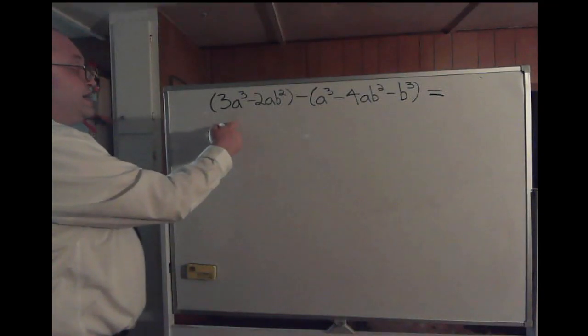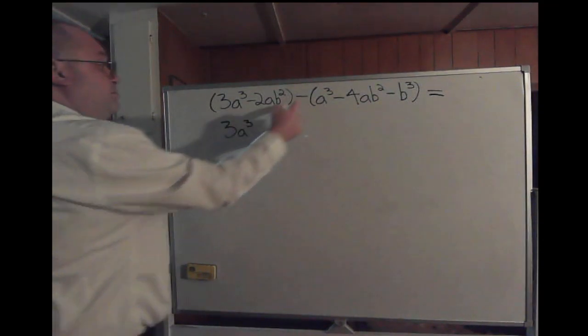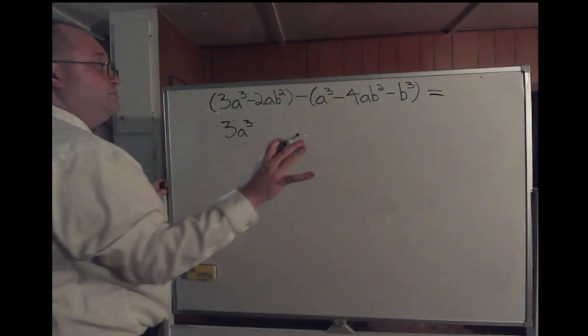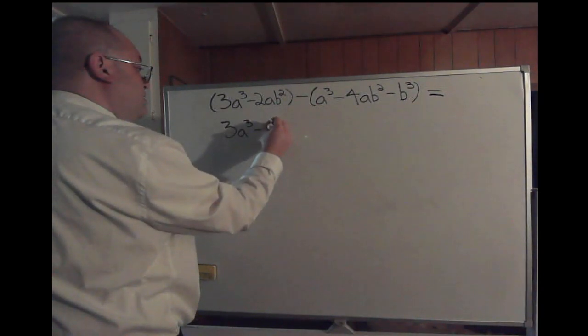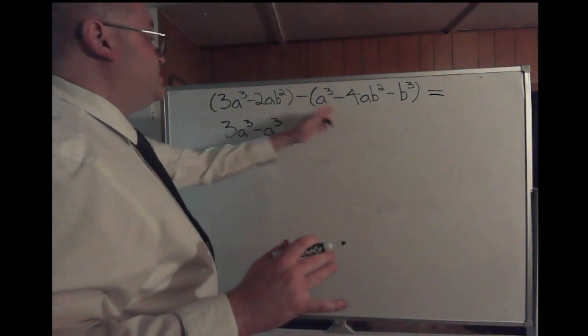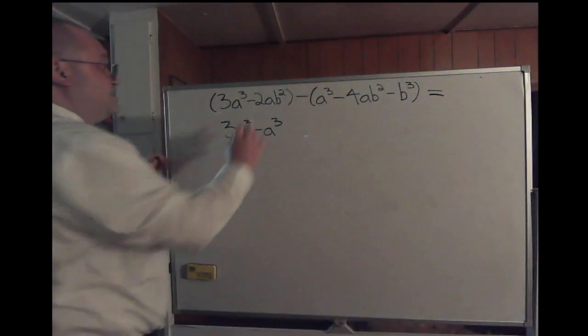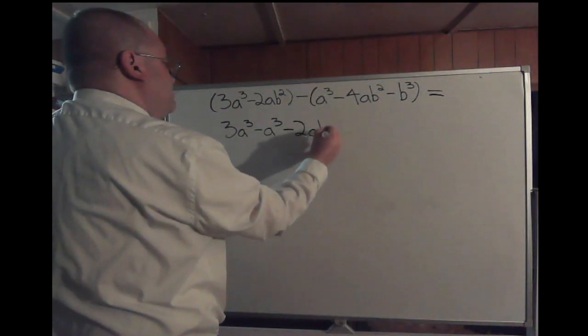Let's start with the a cubed term. We have 3a cubed minus, do we have any other a cubed terms? We do. We have minus a cubed. Alright. I don't see any other a to the third, so we've dealt with the a to the thirds. Now let's do minus 2ab to the second power.